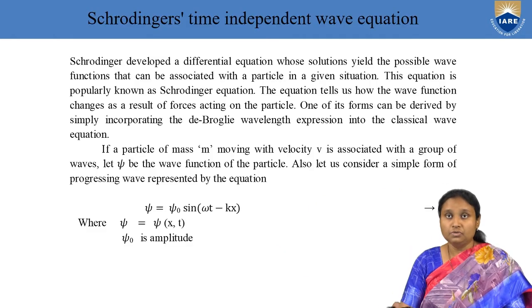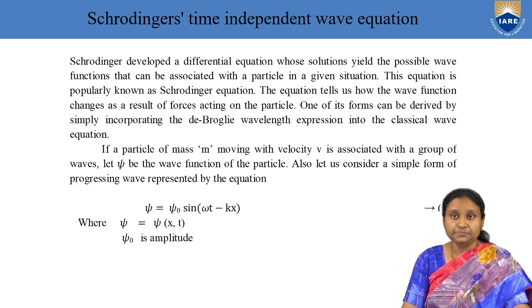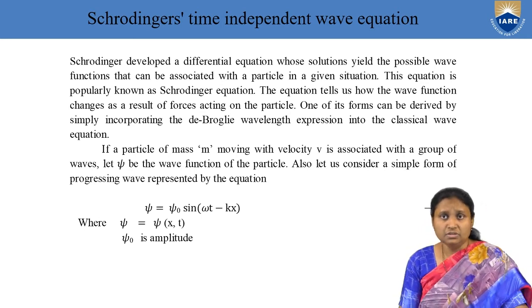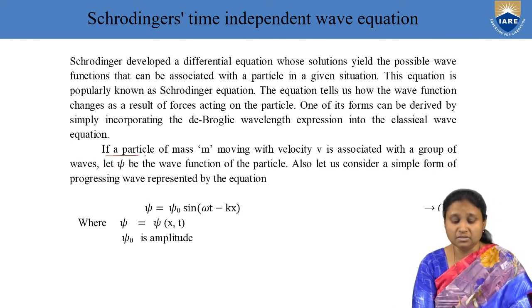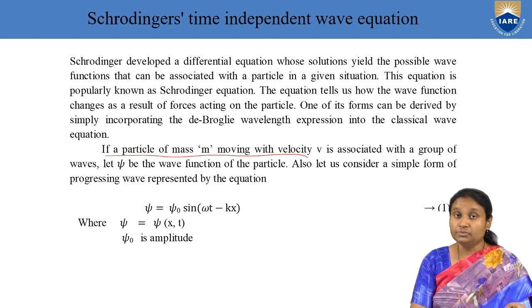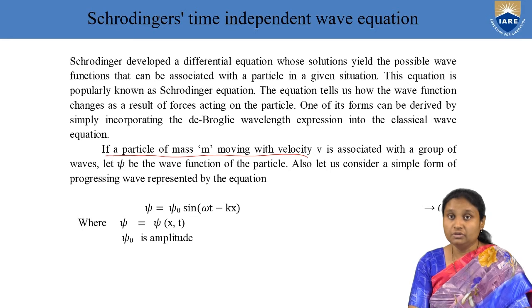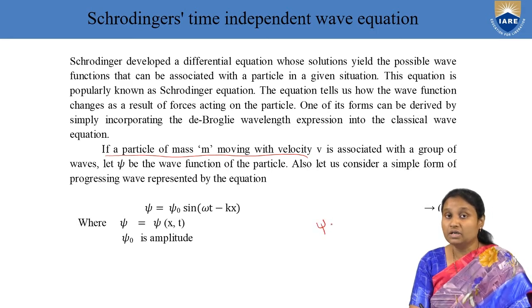In order to derive this wave equation, we are going to consider a wave function. Suppose we have a particle whose mass is m and velocity is v. In order to describe its wave motion, we are going to use its wave displacement. Here I am defining the displacement of the wave, or simply the wave displacement, using the notation psi.